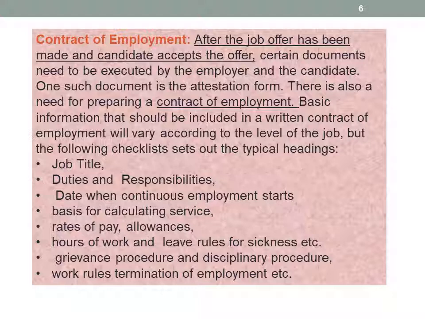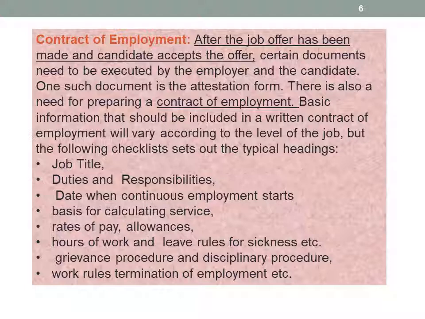He is given a letter of employment, or we can say a contract of employment. What does the contract of employment include? It includes under which title the person is being appointed, whether she is appointed at the level of foreman or at the level of departmental manager.